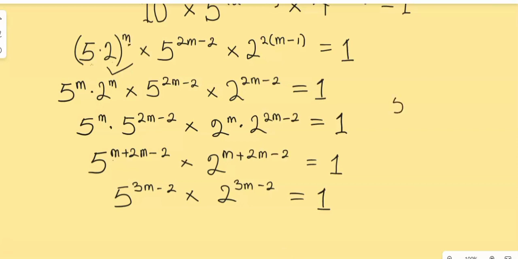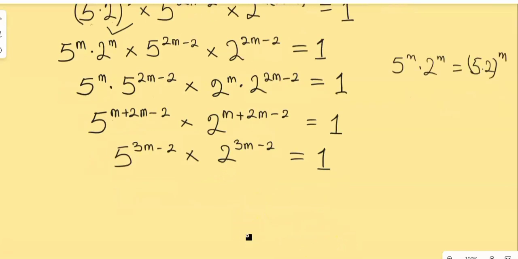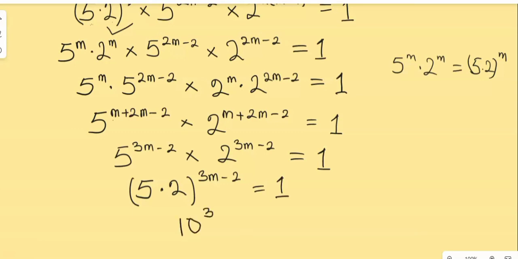Which means when we have 5 raised to the power of m multiplying another 2 raised to the power of m, we can write them as 5 times 2, everything raised to the power of m. That law holds both day and night. So we can now express our left hand side as 5 times 2, all raised to the power of 3m minus 2, equal to 1. And definitely 5 times 2 will give us 10 all raised to the power of 3m minus 2 equals 1.